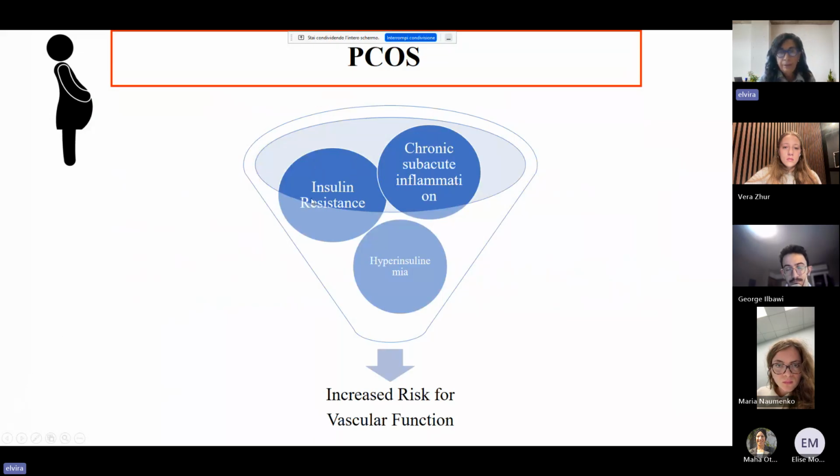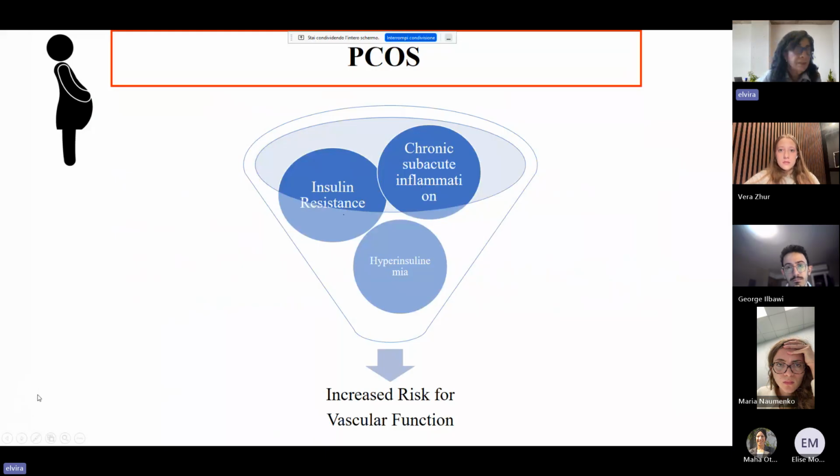And here you can see that we have a low-grade subacute inflammation that characterizes these women, and the inflammation coupled to insulin resistance and hyperinsulinemia is responsible for an increased risk for vascular function.